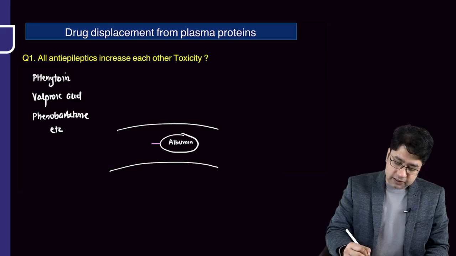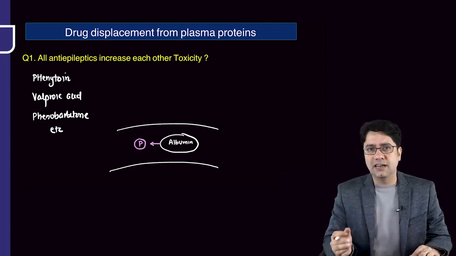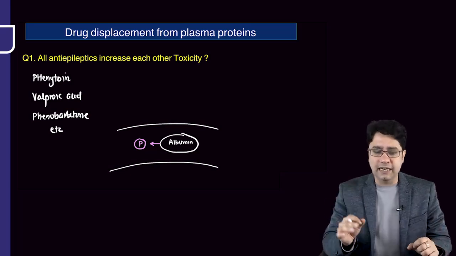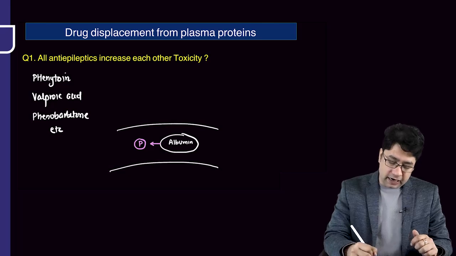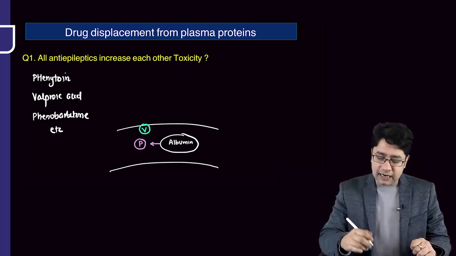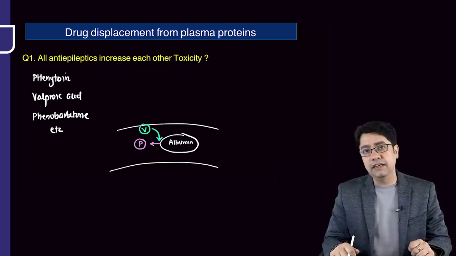Now let's say there is a patient who is taking phenytoin, and we know anti-epileptic drugs are attached to albumin. Now because of some reason the seizures are not getting controlled. So as a doctor you decided to add one more anti-epileptic drug, valproate. Now as you add valproate, can we say valproate can also bind to same site?